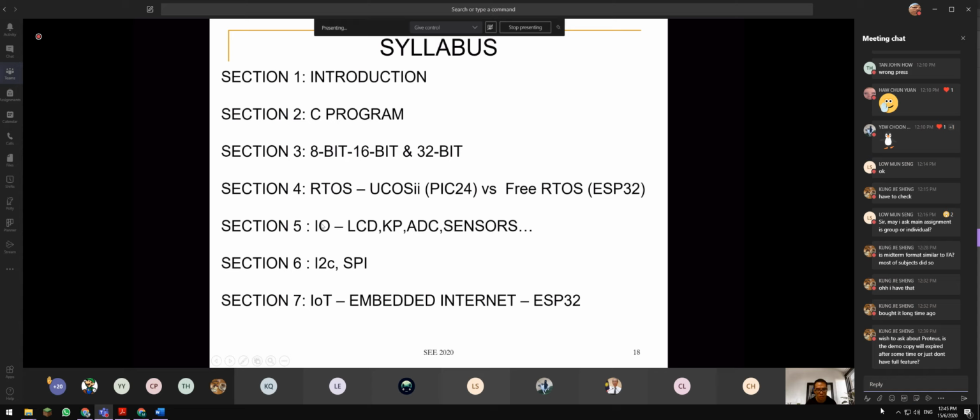Section 5 will touch some basic input output: at least you know how to connect an LCD, keypad, ADC, and different types of sensors. In section 6, we will touch on I2C and SPI communication. Finally, in section 7, we will go full force on embedded internet, looking into ESP32.